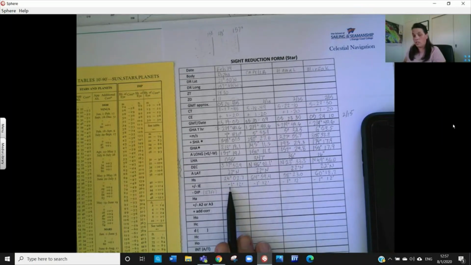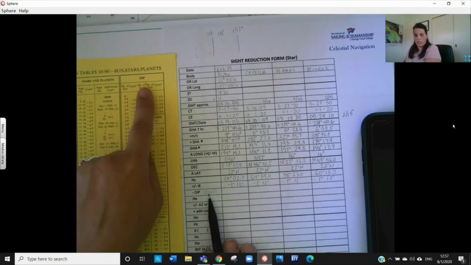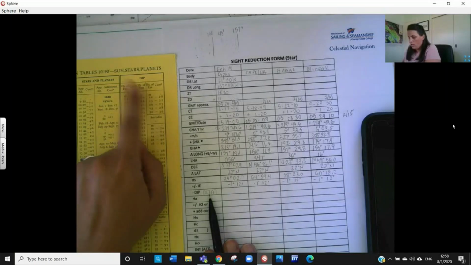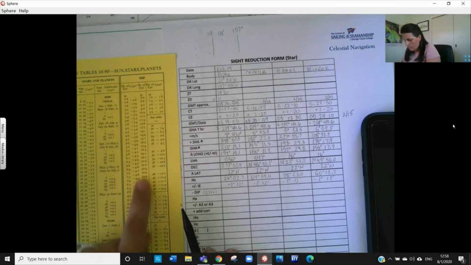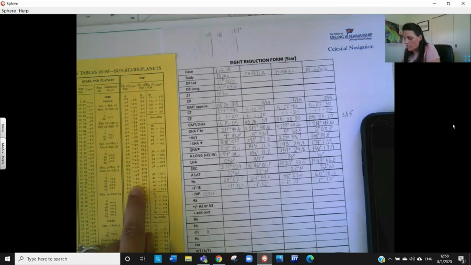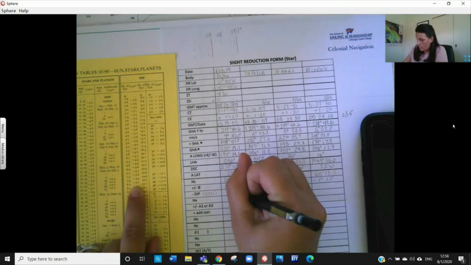We got our index error right before we shot, so I put that in. And for dip, we're always going to subtract dip, and we use our table. Height of eye was 27 feet, so that's in between the 26 and the 27. Our correction is going to be minus 5 minutes, so minus 5.